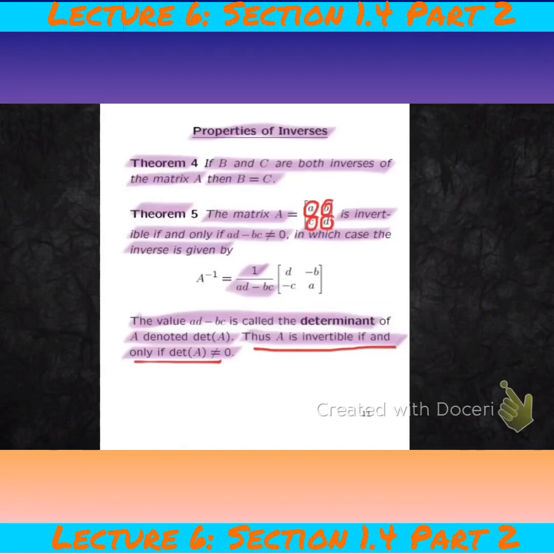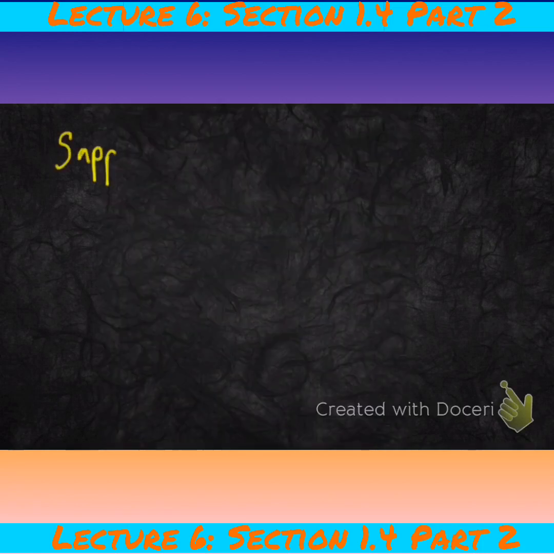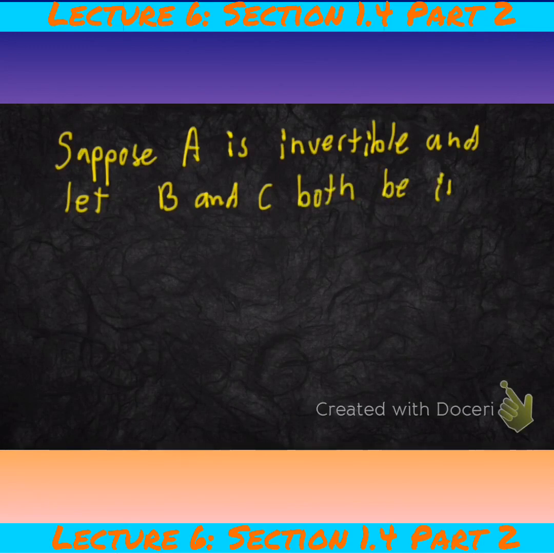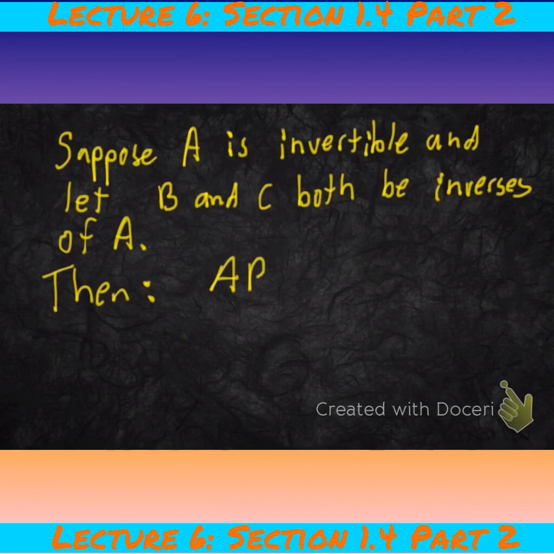If B and C are both inverses of the matrix A, then B is equal to C. Again, suppose A is invertible, and let B and C both be inverses of A. Then we know that A times B by definition will be the identity, and we also know that A times C will also be the identity by the property of inverses.